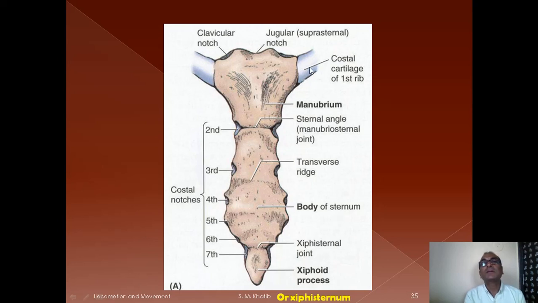In the manubrium, on either side you have the articulation facets for the costal cartilage of the first rib. And these notches, called the clavicular notches, are where the clavicle joins in front, and then the other end of the clavicle joins to the acromion process of the scapula. Is that right? Okay, let's go to the next question.